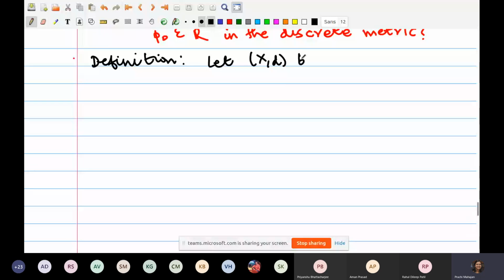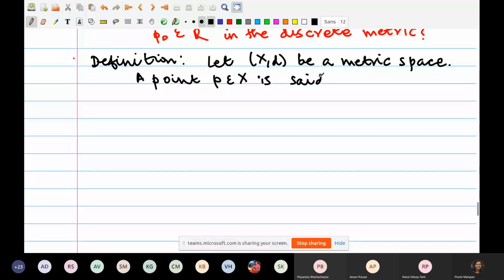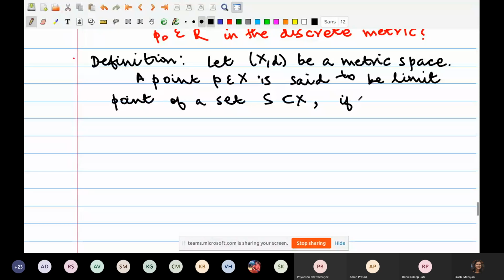So let (X, d) be a metric space, where X is a set and d is a metric on the set X. A point P of X is defined to be a limit point of a set S. Where is S coming from? S is a subset of X.